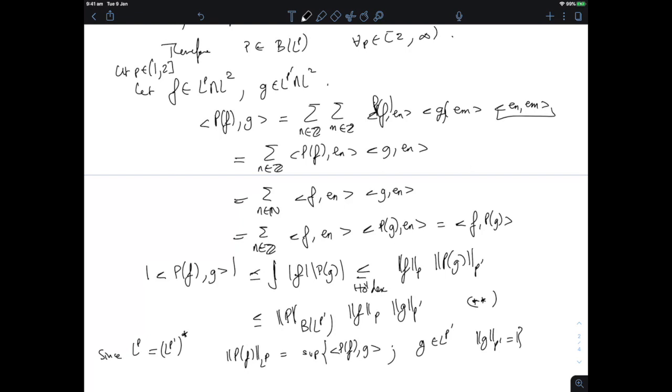If I have a generic g in Lp prime of norm 1, I can approximate it by an element in Lp prime intersected L2, finite trigonometric polynomials in particular. And now what I've proven in double star tells me that this has to be smaller than the norm of P as a bounded operator on Lp prime times the norm of f in Lp, which is exactly telling me that P is bounded on Lp.